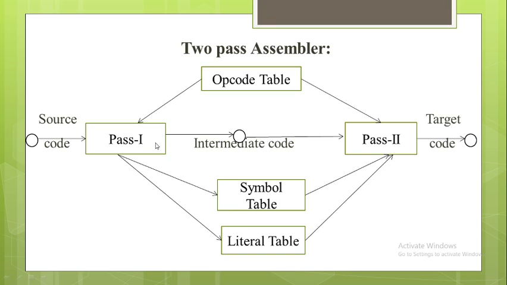The output of pass 1 is the intermediate code, which is the input to pass 2 of the 2-pass assembler. Pass 2 will get the help of the opcode table, symbol table and literal table, and then it constructs the target code. So this is the job of the 2-pass assembler.